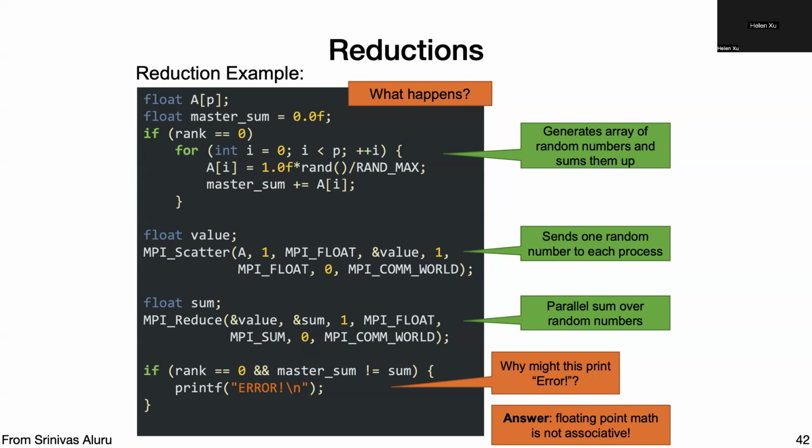So you scatter all the data onto the different processes, you reduce them back into a value, and you check it as a correctness validation. You added them all up. So you did the work anyway on one process here, but you're just validating that you got the correct answer. But in reality, you may get slightly different answers because floating point math is not associative. But that's just an illustration for how to use reduce.